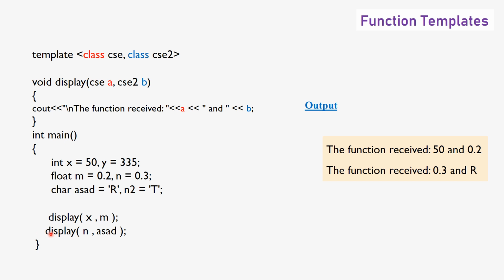For the second call, we are passing a float and a character. That means the first template is mapped to a float type, and the second template CSC2 is mapped to character. If you want to change the types of these, you can, and according to your change, the types of these templates will also change.